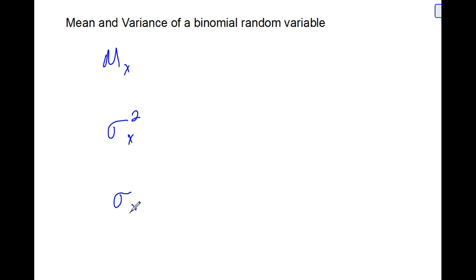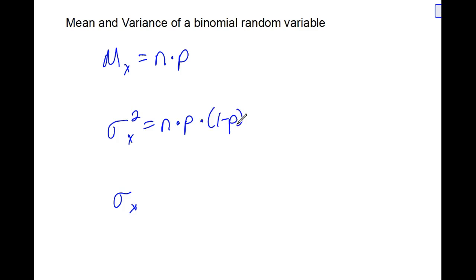For the mean, it is strictly the number of trials, n, times the probability of your success. That's all that the mean is. Now for your variance, it is going to be the number of trials times the probability of a success times the probability of a failure.